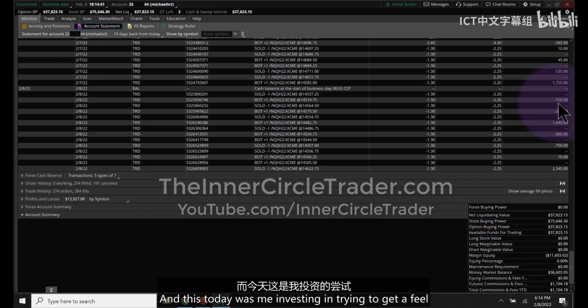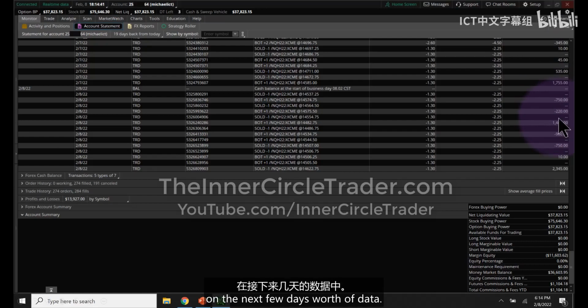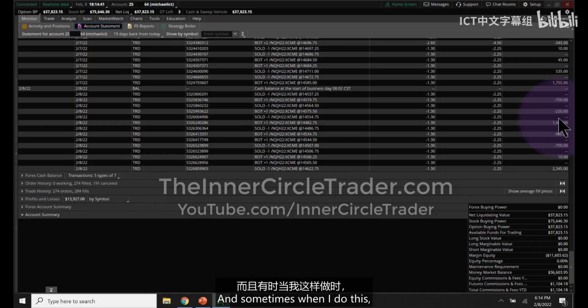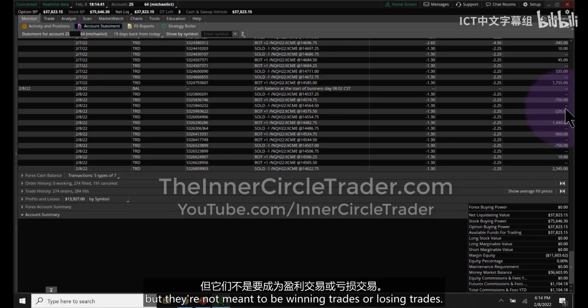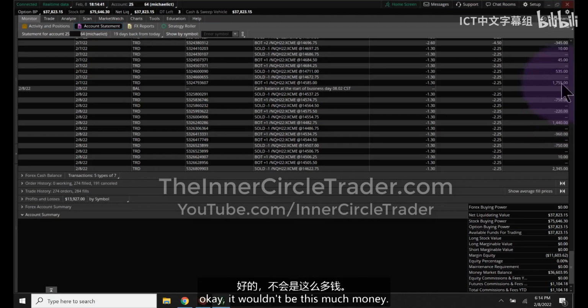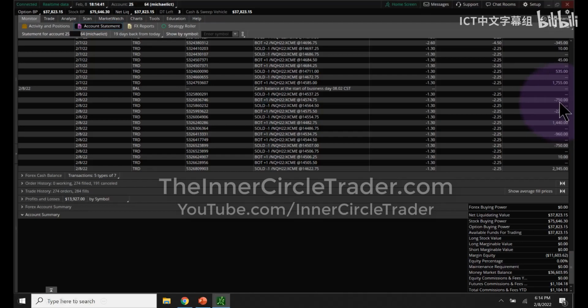And this today was me investing in trying to get a feel for what I think is going to happen on the next few days' worth of data. I'll throw in a couple of trades where it doesn't matter to me if I'm losing. And sometimes when I do this, they're winning trades, but they're not meant to be winning trades or losing trades. It's just me getting a read on it. Now, when you do a micro account, it wouldn't be this much money, and you may not trade with this style.